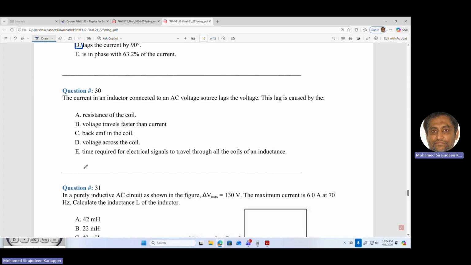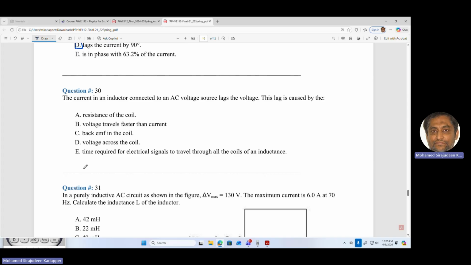You always look at it with respect to the current. What happens to the voltage with respect to the current? Not what the current is doing with respect to the voltage, but what the voltage is doing with respect to the current. That's voltage lags the current. Suppose I confuse you by saying the current leads the voltage by 90 degrees. That's also the same thing, right?